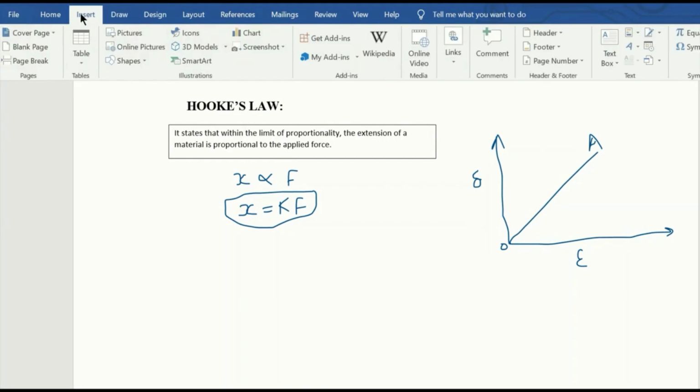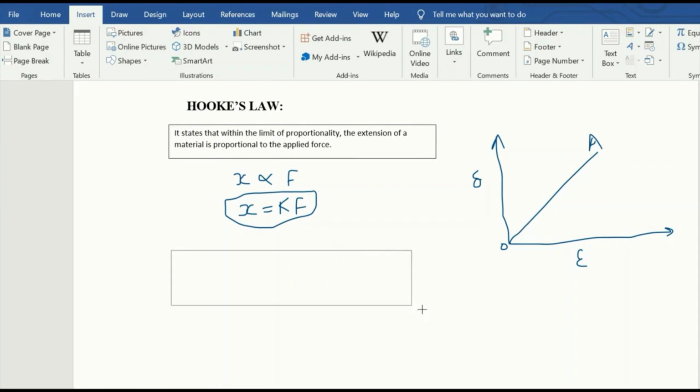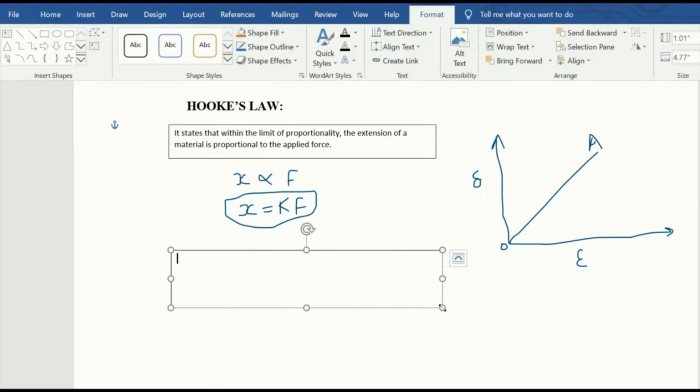So from this new graph, we can state another law which states that within the limit of proportionality of a material, the strain produced is directly proportional to the stress producing it.